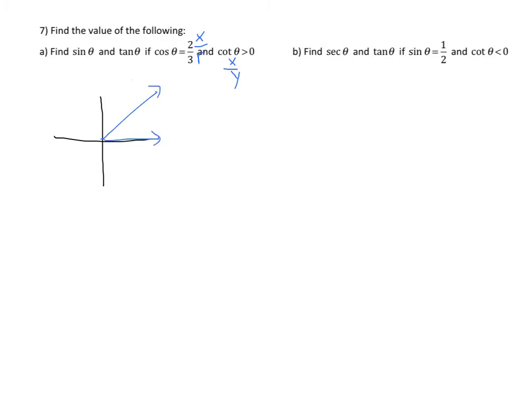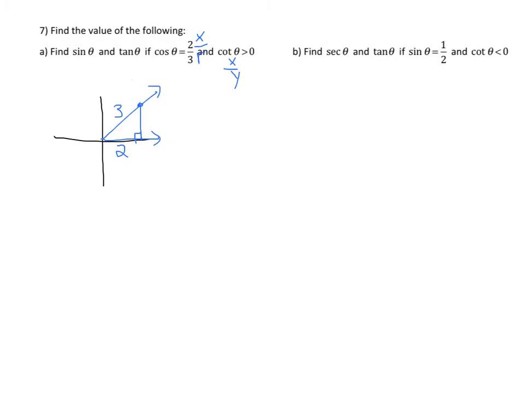And I'm going to draw a right triangle in here. And if cosine, which is x over r, is 2 over 3, I'm going to make my x 2 and my r 3, which is the hypotenuse. And I need to find the y value.